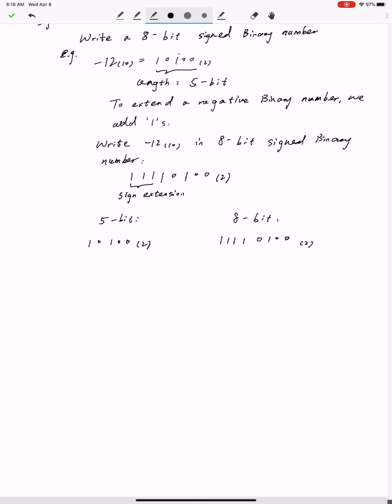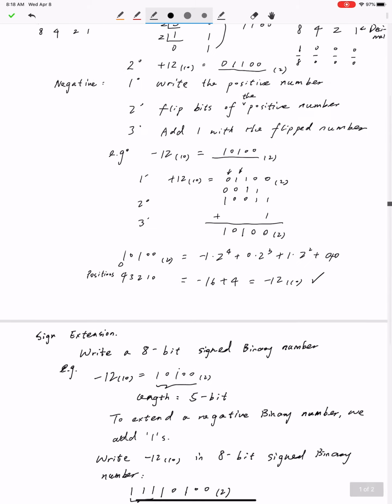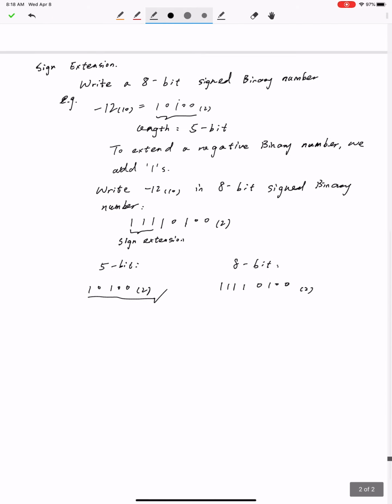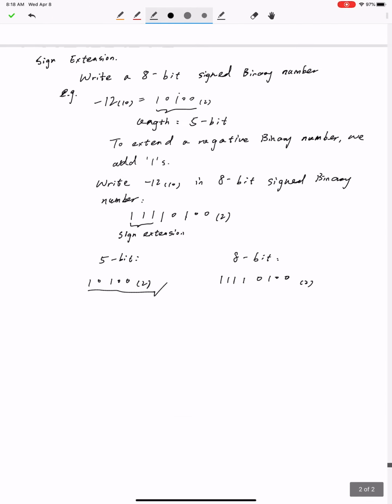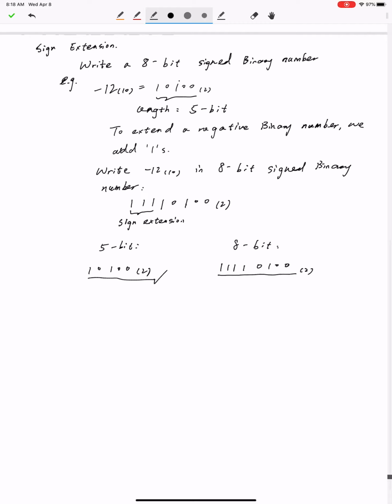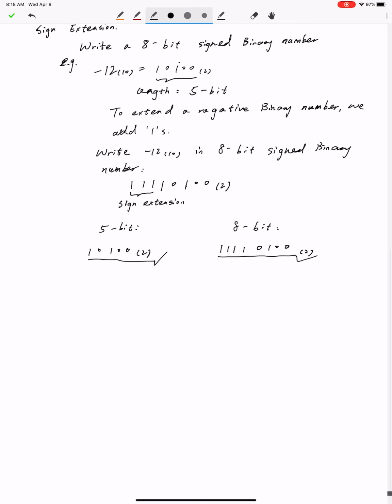You may think these two numbers represent two different numbers. But in fact, they both represent minus 12. The first one we are very confident about, because we did that in this example. So we know 10100 is minus 12. But how about this one? Well, this number also represents minus 12.